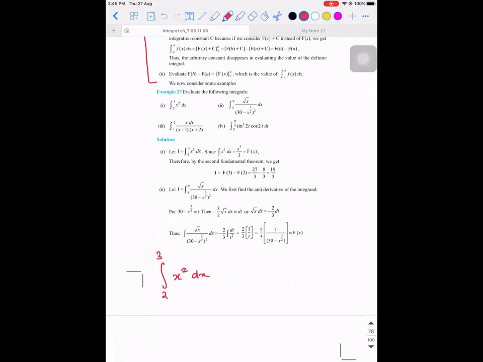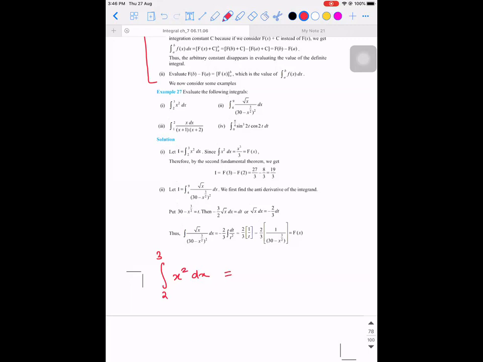I'm mainly explaining it for commerce students because it is not in your syllabus, so please concentrate. If there is any doubt, ask. How to read this: integral of x squared dx between the values 2 and 3. You can read it like that also.